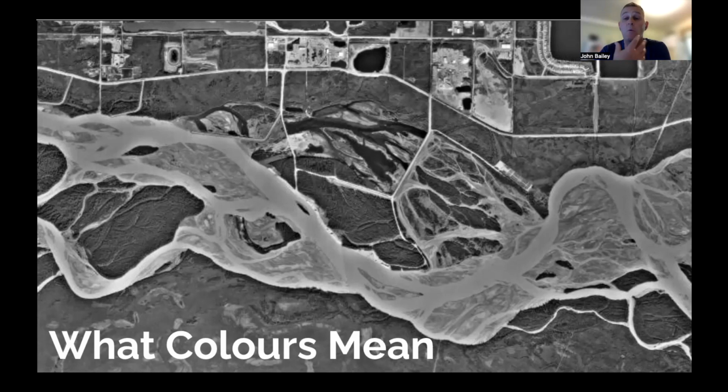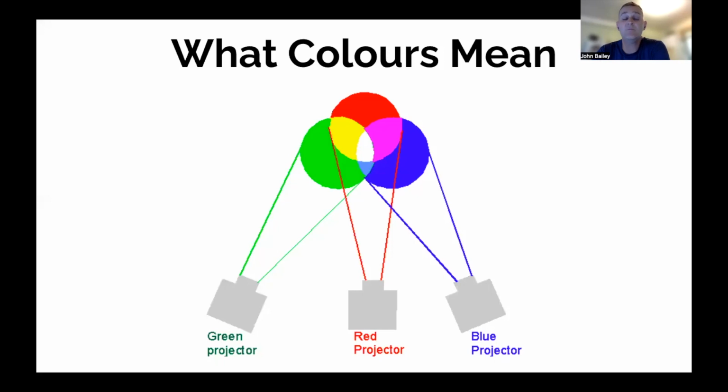Even we humans can detect this with the rods and cones in our eye. They're able to pick up on primary colors of light, detect amounts of red, green, and blue, and combine these together to form other colors.